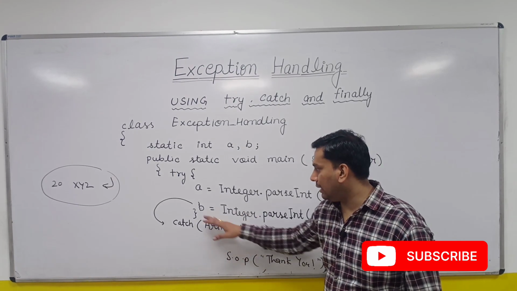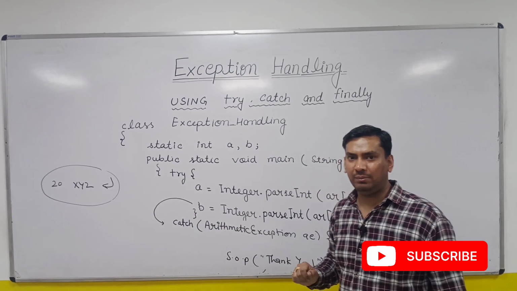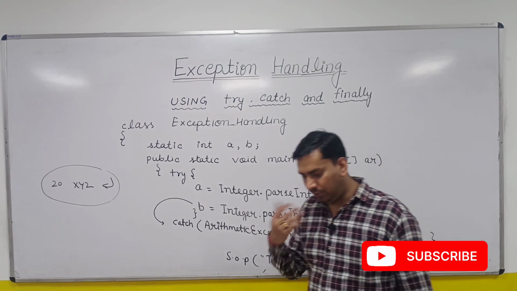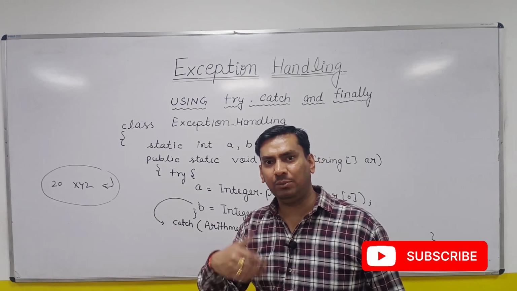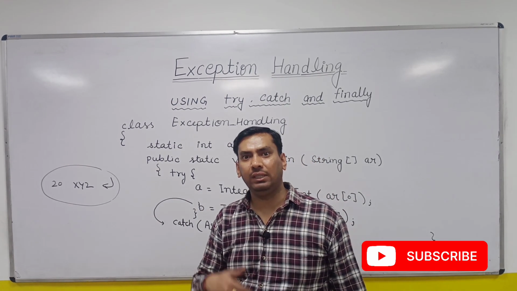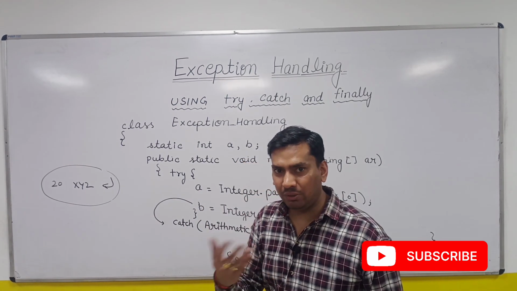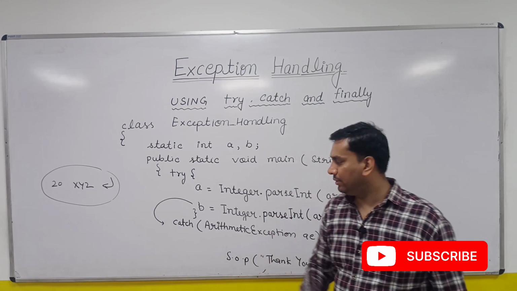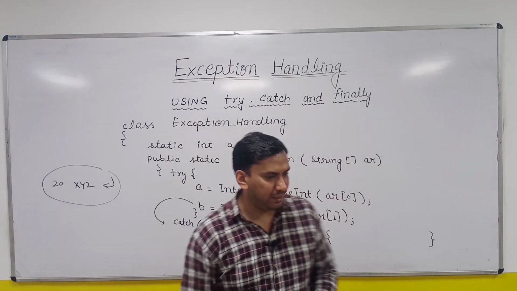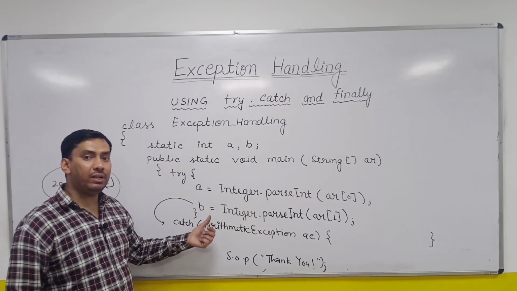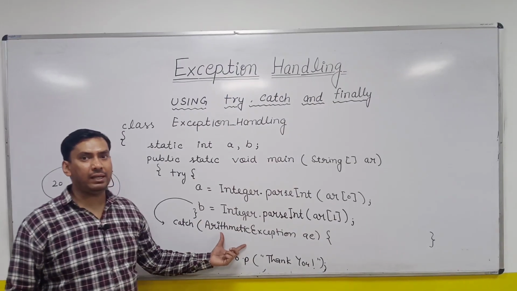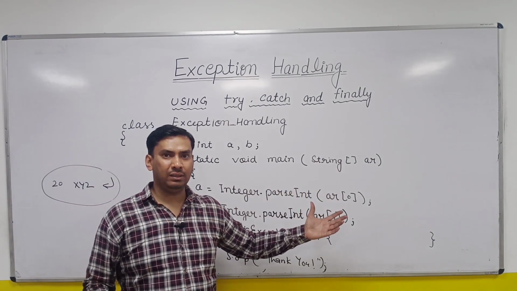It is not specialized in handling the number format exception. If you have a dental problem, you will look for a dentist. If you have a problem with your bones, you will go to the orthopedic. You will not go to the cardiologist or neurologist. The same thing happens here. You got a number format exception, so it will search for a catch block with number format or its parent type.